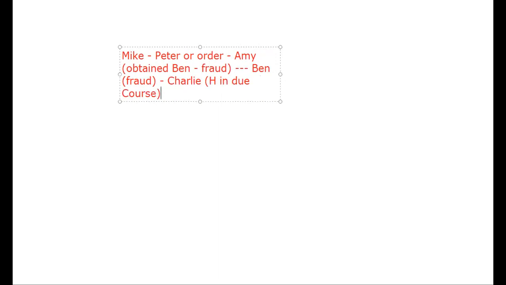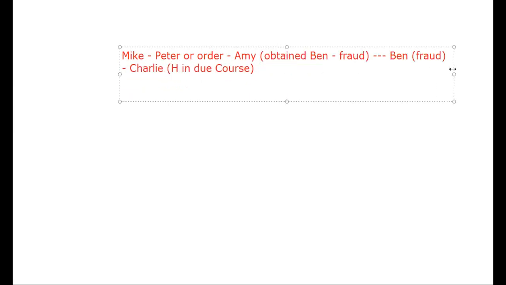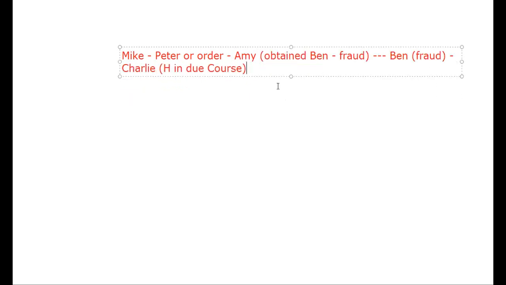Okay? So in this case, what is the right of Charlie here, who is a holder in due course? Besides the right to receive payment, besides the right to sue, okay, to receive full payment, to sue, what else? To hold that instrument free from defects of title of prior parties. The title of Ben here is defective.